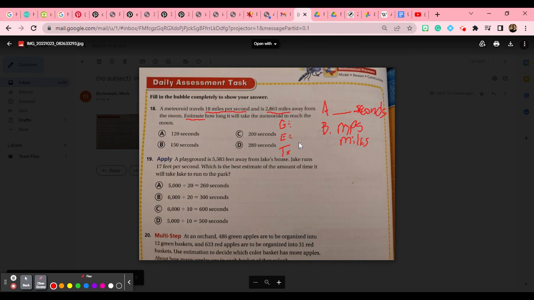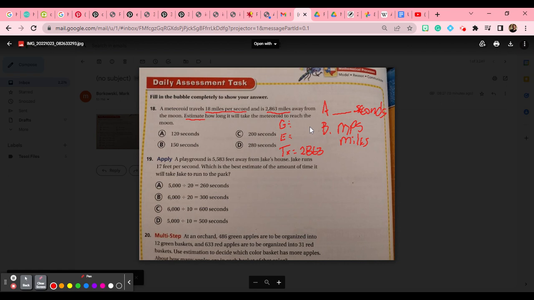Okay, so we have our total. That's the miles away. So that's our 2,863. That's our total. We know that it takes 18 miles per second, and we are looking for how long it will take to reach.